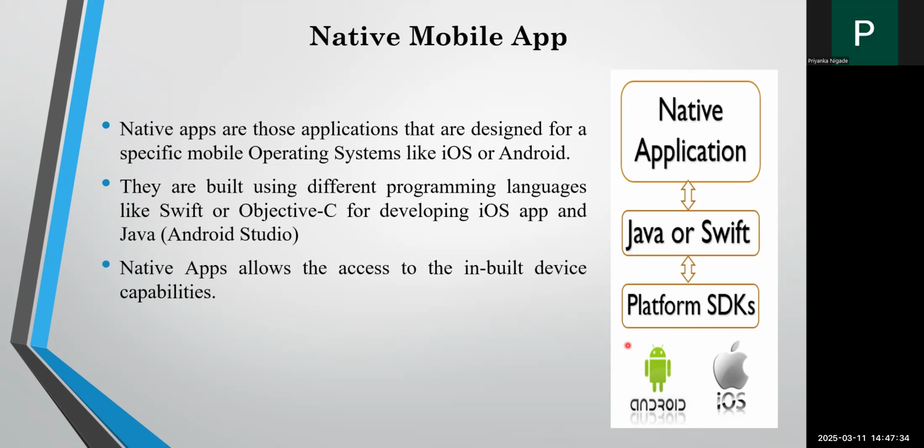These are native applications only. For Android we use the Play Store, and Play Store is specifically designed for Android applications, and App Store is specifically designed for iOS applications. So this is called a native application. Just remember as a shortcut: any application designed for a specific platform, we call a native application.